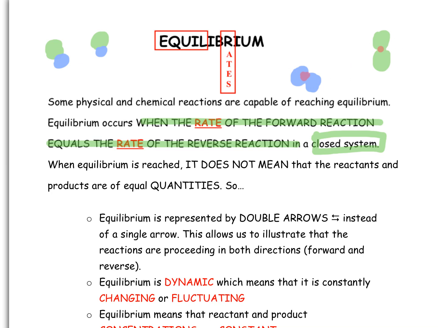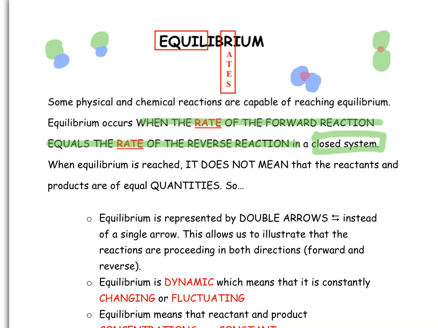That's what we call a reaction going in a forward and a reverse direction. If the rate of the forward, producing this, equals the rate of the reverse going back and producing reactants, then we say it's at equilibrium: equal rates of production of products and reproduction of reactants.